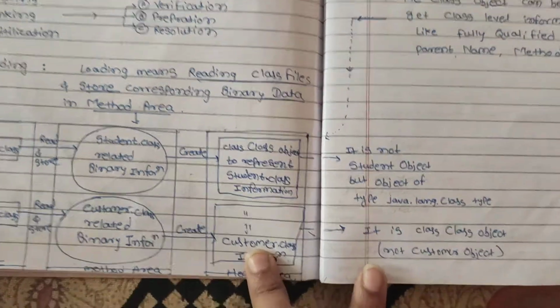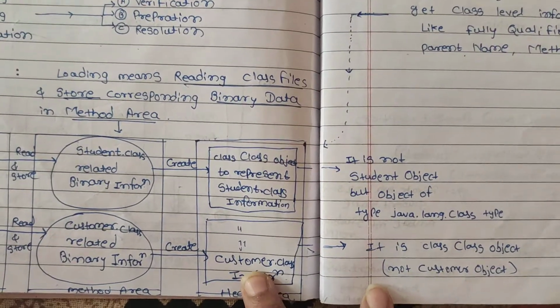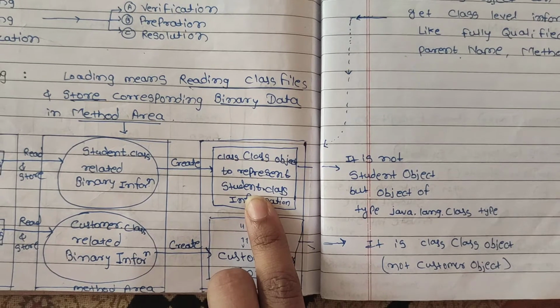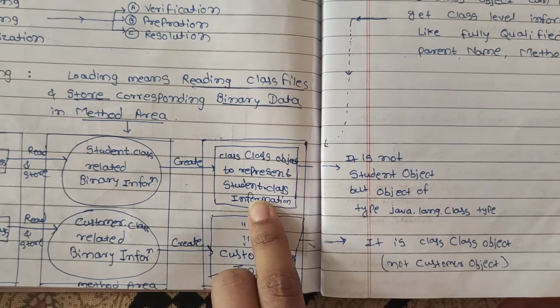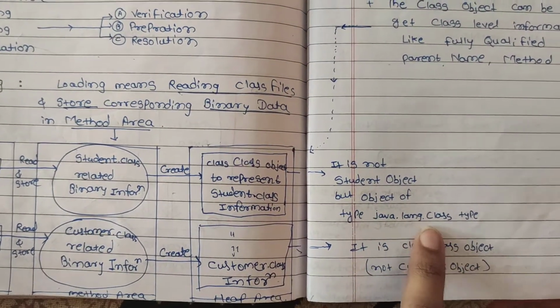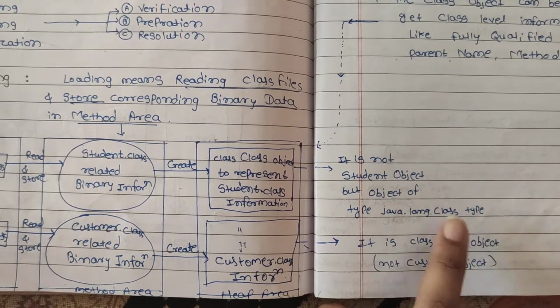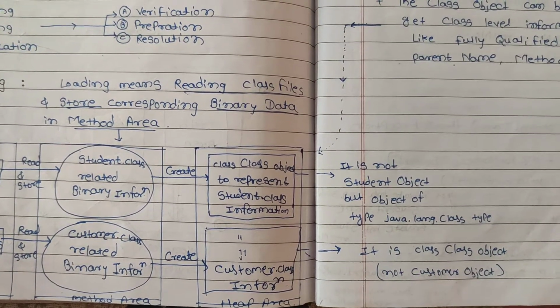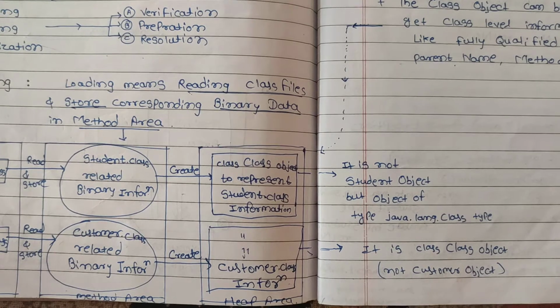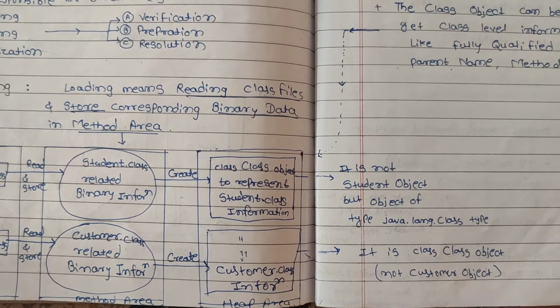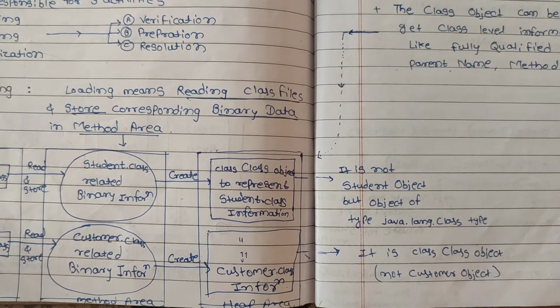The main point to keep in mind is that it is not a student object but an object of type java.lang.Class. Do not get confused. It is not a student object but an object of type java.lang.Class.